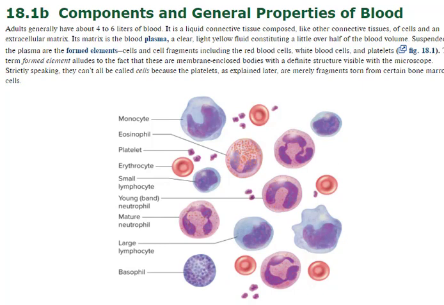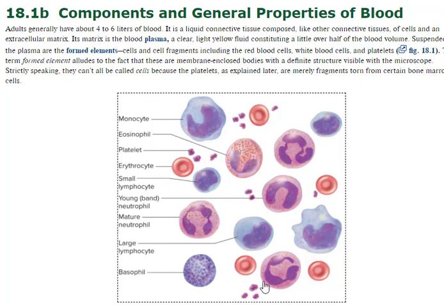Then you have the liquid part of the blood, which we call plasma. So you're going to have large cells that aren't shown in this particular picture called megakaryocytes, and they fragment. Pieces of them just come apart, and those go out into your bloodstream as platelets.